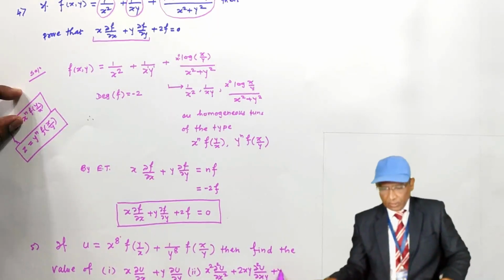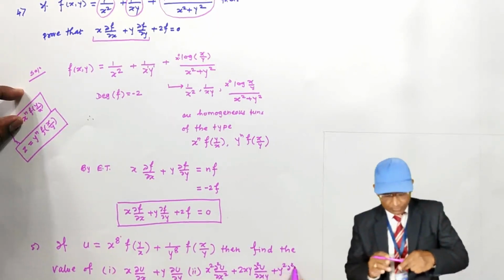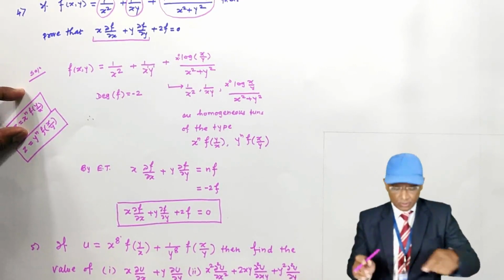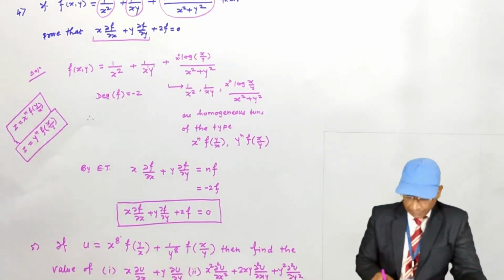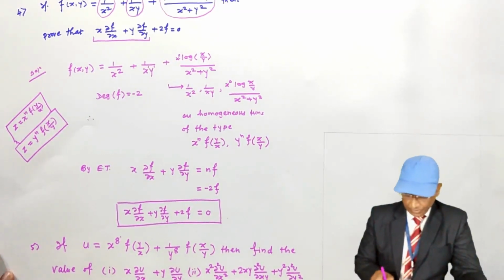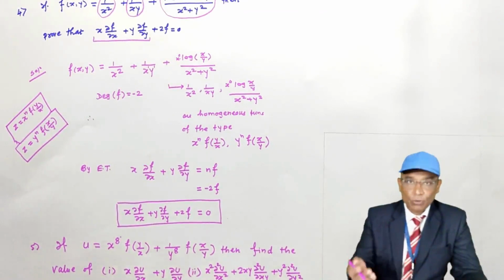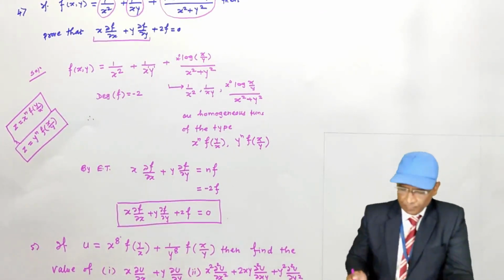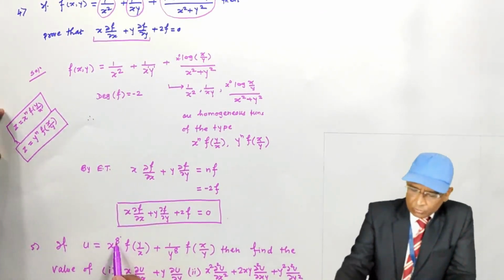Now, in examinations also, this 8 may be replaced by 3, by 2, by any integer. 8 may be replaced by n also in general. Now we are going to solve this sum.